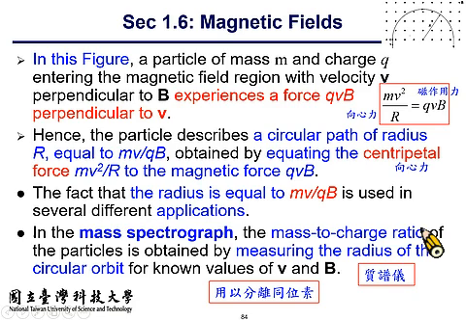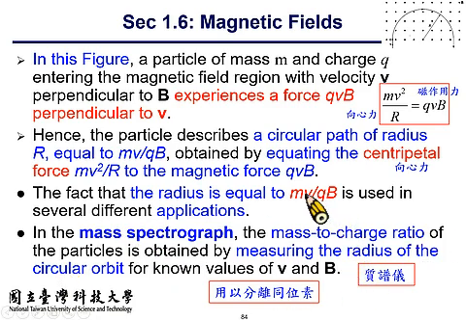So this is the principal mechanism for the mass spectrograph, 质谱仪. That is to find out the mass to charge ratio, that is m over q, of certain particles.